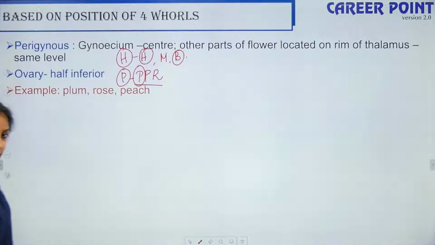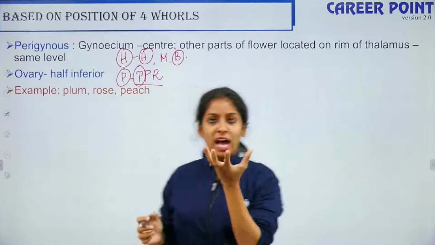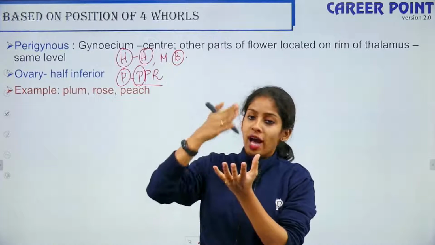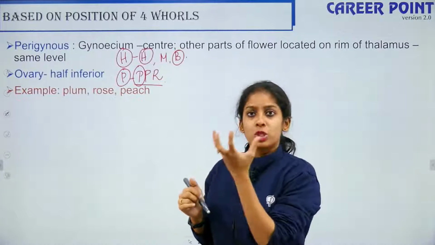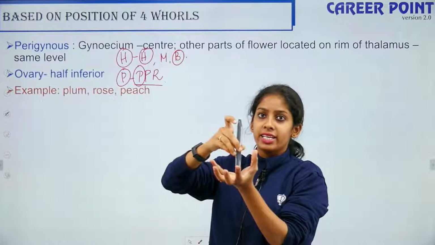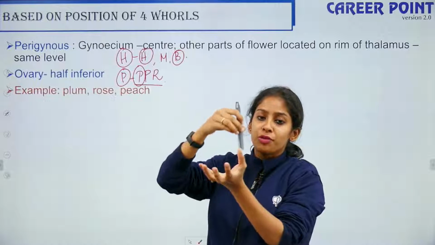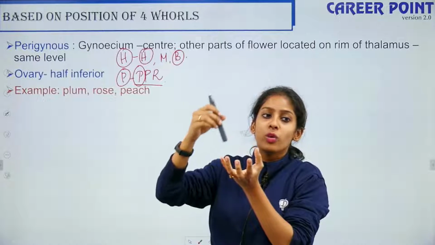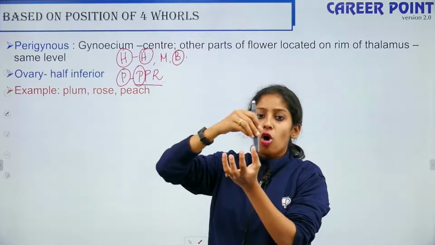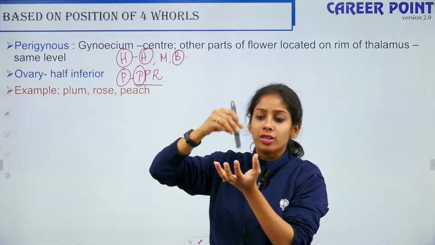In perigynous, you have your thalamus. On the thalamus, you have your four floral whorls, right? This is my thalamus, and in the center I have my gynoecium. On the rim of the thalamus, on the tip of the thalamus, I have the other three whorls present in such a way that all four whorls are on the same level.